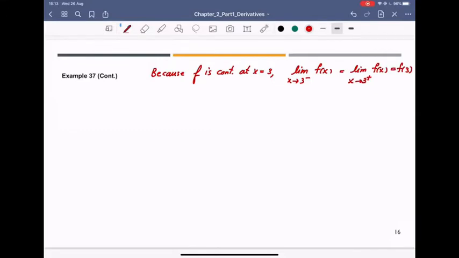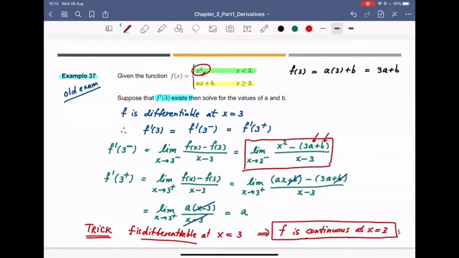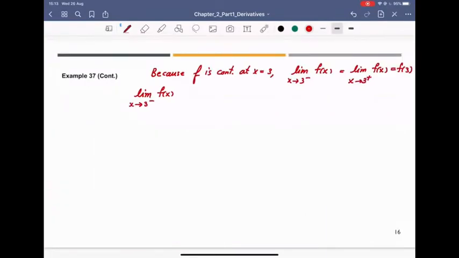And then, let's consider the function again. So we know that the limit of f(x) where x goes to 3 from the left, you just have to look at the function again. So when x goes to 3 from the left, you use the function x squared, right? So that means here you're going to have the limit of x squared where x goes to 3 from the left, which is 9.